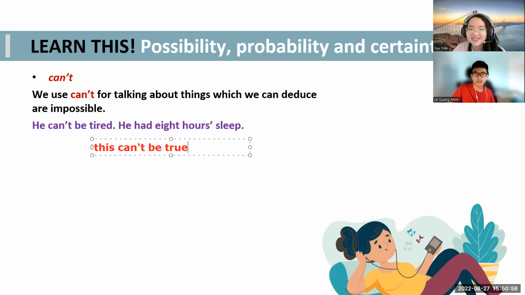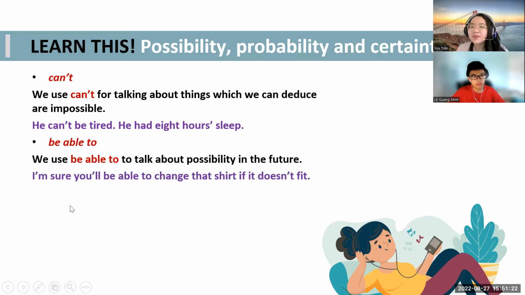When they don't believe something that is happening in front of their eyes. Right. So for example, they usually don't make mistakes, but at some point they did make a small mistake and they're like, this can't be true. Right? Okay, that's the thing.